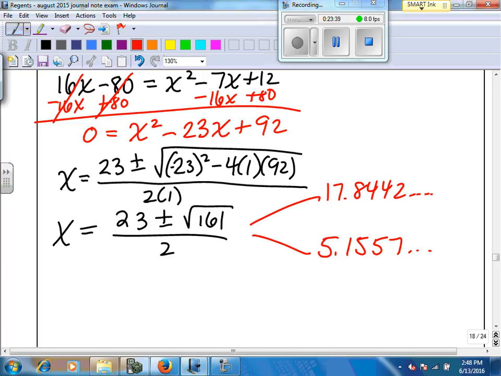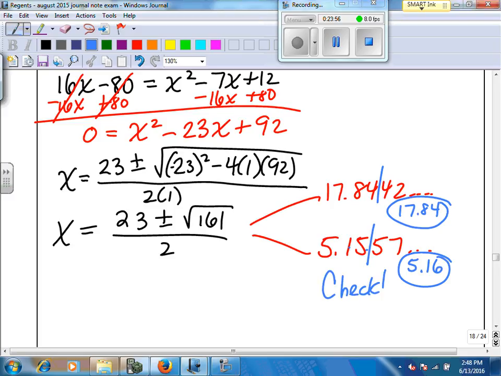It said algebraically to the nearest hundredth. So 10th, 100th. This one will be 17.84. This one will be 5.16.